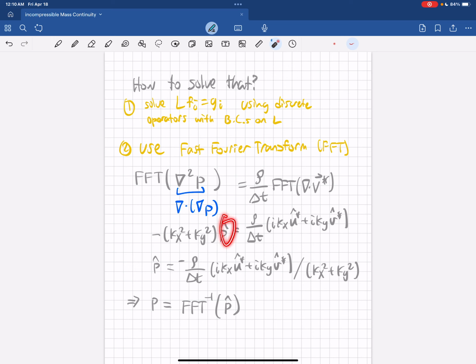You can divide on both sides by this term and solve for p hat, the Fourier space version of pressure, and then use the inverse fast Fourier transform to get it back into actual pressure. This algorithm is more complicated, which I won't go over, but that would be a method that could be used to solve it. Boundary conditions are also important for FFT.